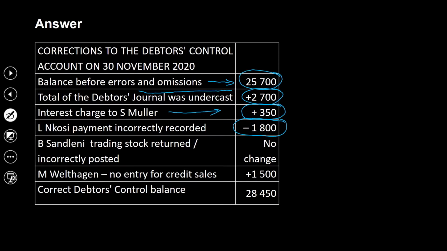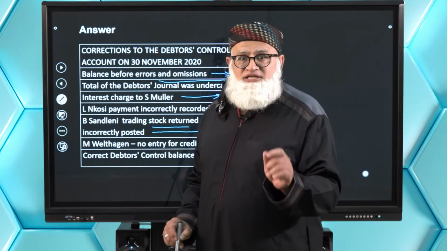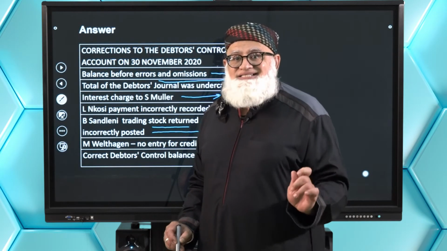Okay, then there was an entry where we had trading stock that was returned and was incorrectly posted. Remember what we said? The error was only made with regards to the entry in the debtors ledger.